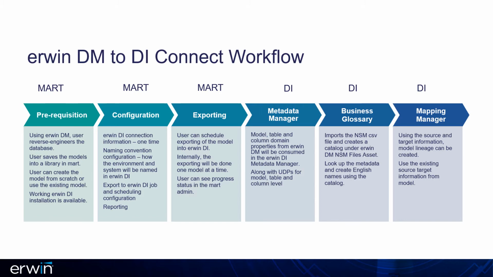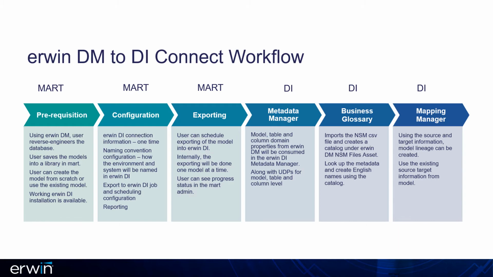The next functions are handled in the Erwin Data Intelligence Suite Metadata Manager. Model, table, and column domain properties from Erwin DM will be consumed in the Erwin DI Metadata Manager along with UDPs for the model, table, and column level. The Business Glossary imports the Naming Standards Mapping, or NSM CSV file, and creates an entry in the left pane of the Erwin DI Business Glossary Manager, Erwin DM NSM Files asset.